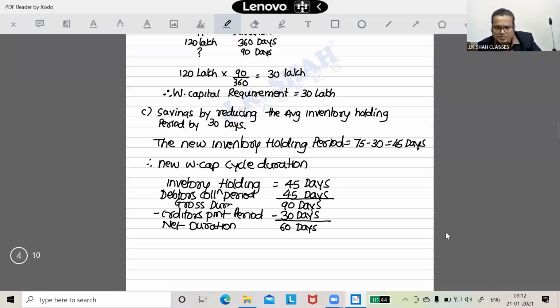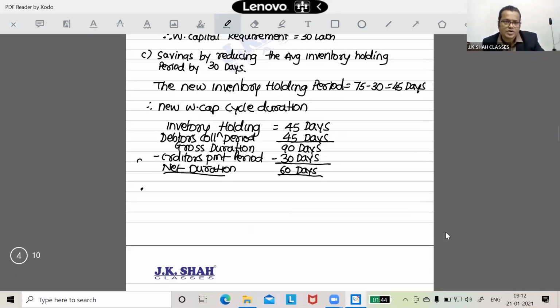Now see, people, because of this reduction in inventory holding period, your net duration has gone down. Correct? If your net duration changes, naturally your working capital requirement will also change. So what will be our new working capital requirement? Tell me.